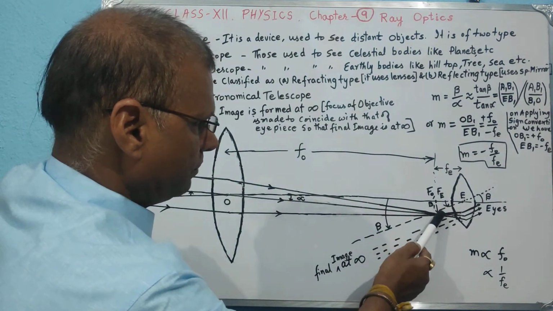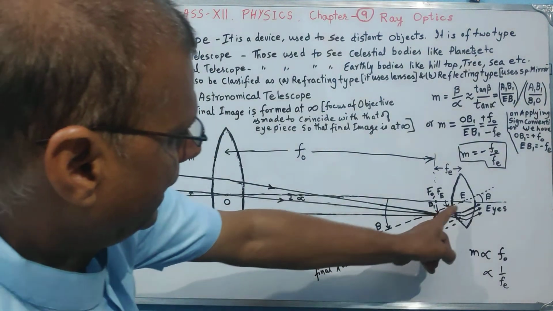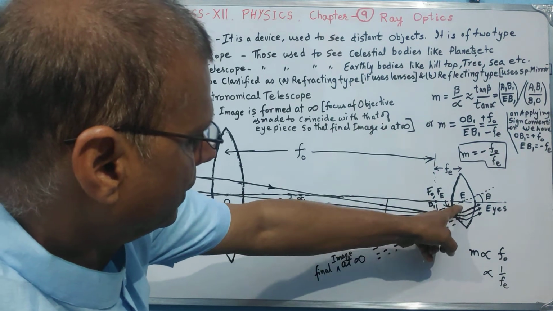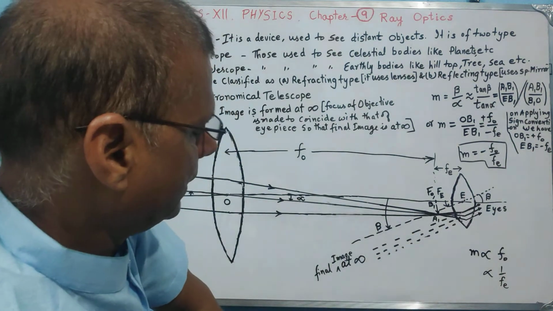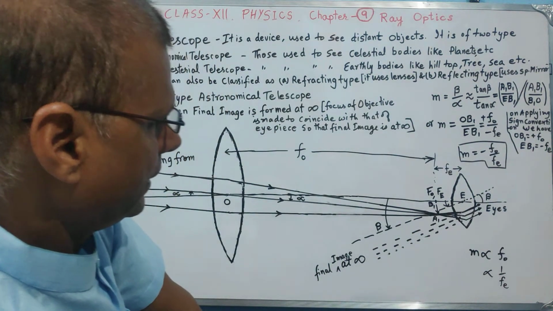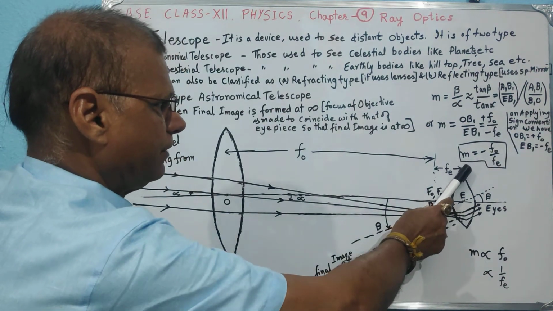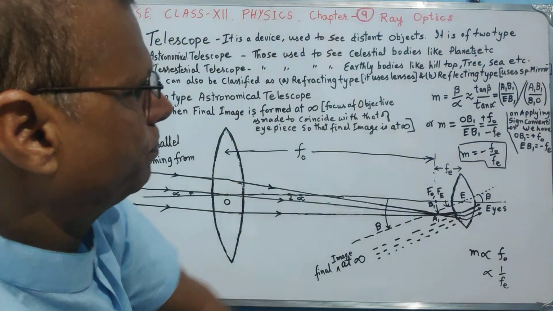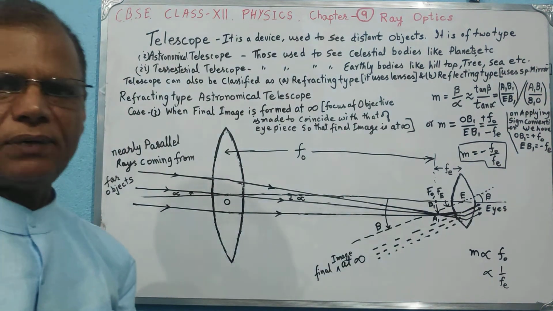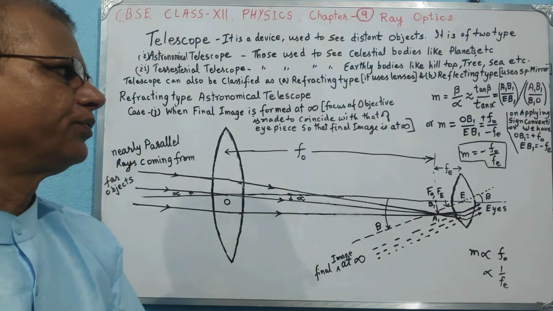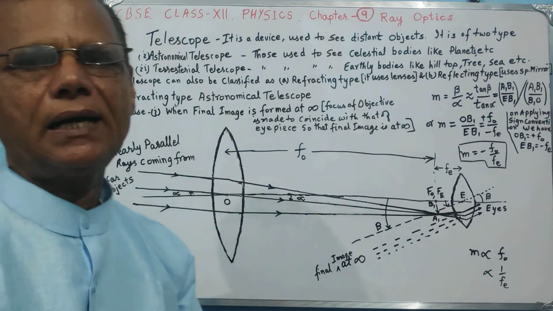Here A1B1 acts as the object for this lens, the eyepiece, and we are measuring this distance against the incident ray, and therefore it is taken as negative. So we get magnification equal to FO by minus FE, and finally we can write it as minus FO by FE. FO is the focal length of the objective and FE is the focal length of the eyepiece.